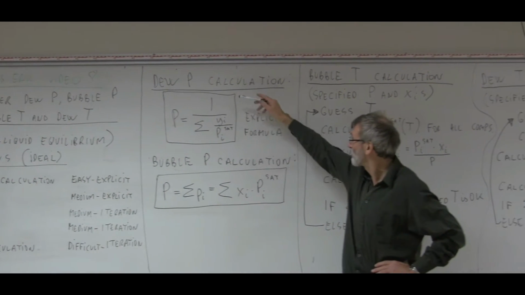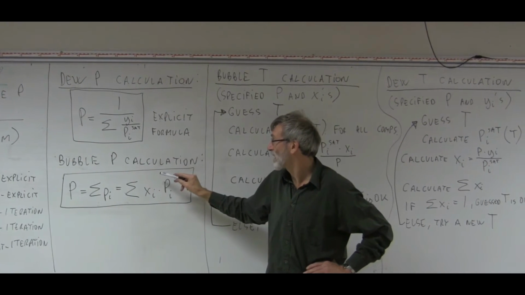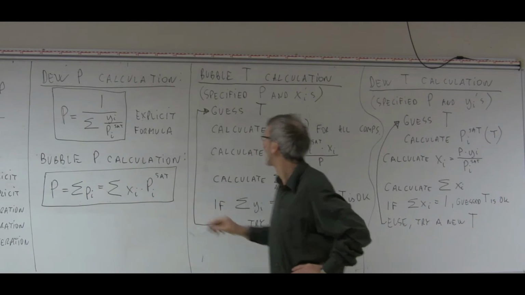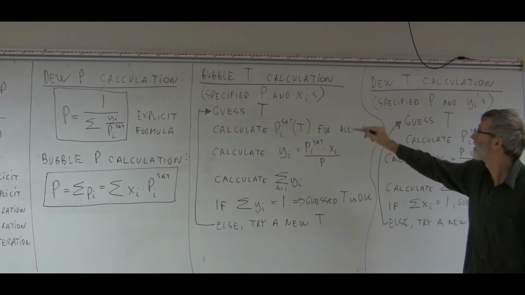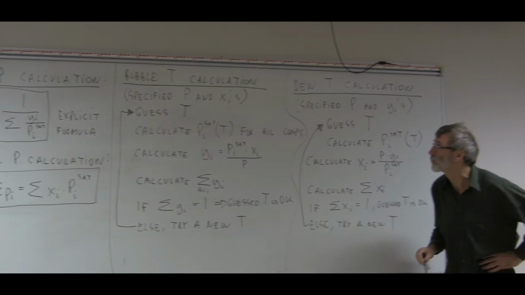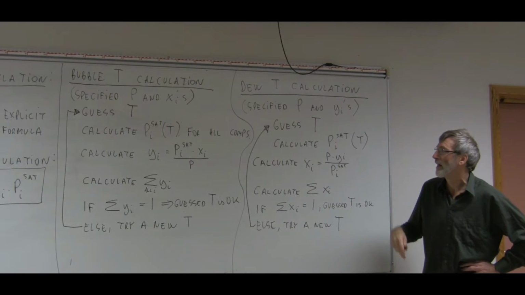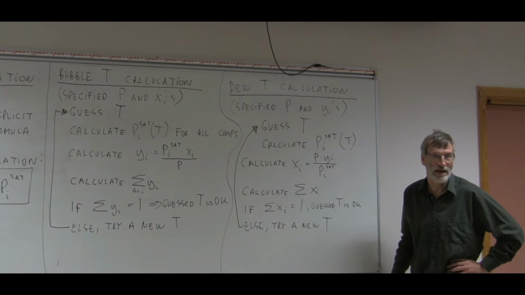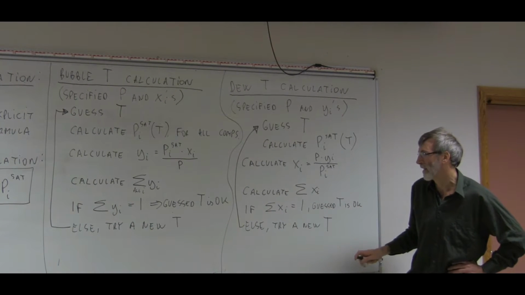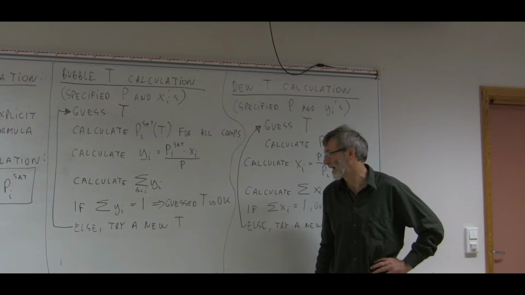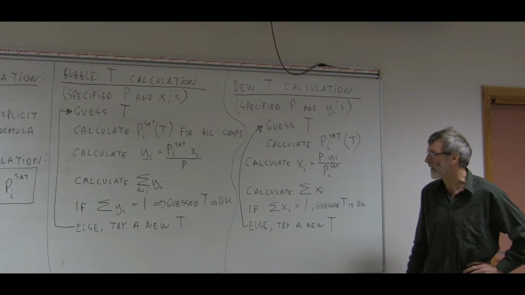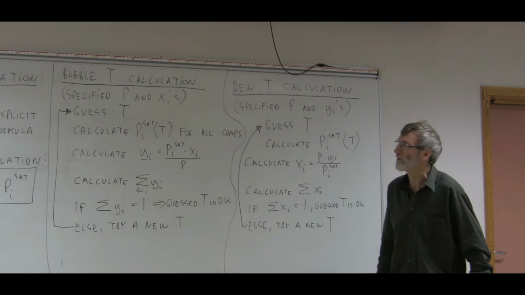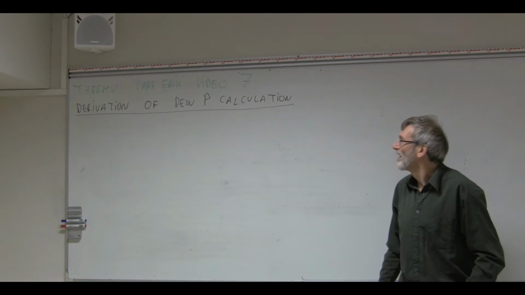We have explicit formulas for DewP and BubbleP calculations because we know the temperature. And in the BubbleT and DewT calculations, we do not know the temperature. And then an easy procedure is to guess it and then calculate it and check that the sum of fractions equals 1. So that is the end of video 8.